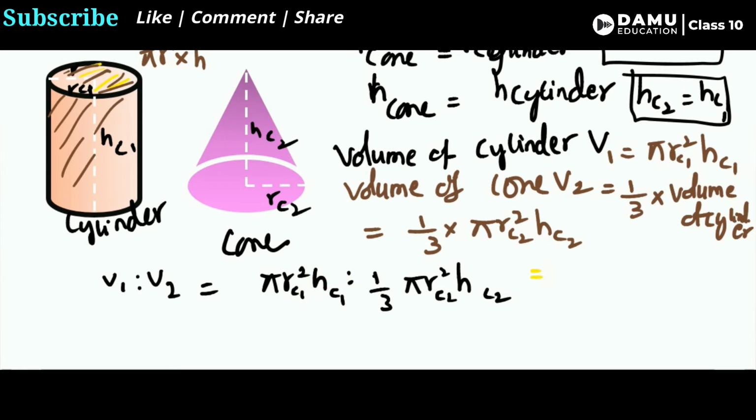You can write it in the format pi r square H by 1/3 pi r square H.